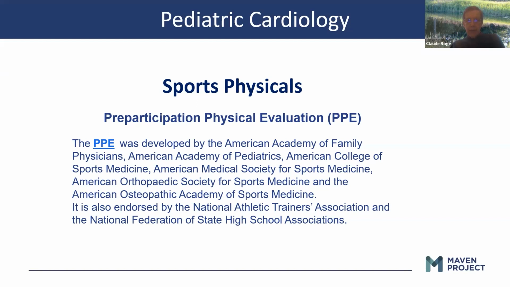So you can see the list here: American Academy of Family Physicians, American Academy of Pediatrics, American College of Sports Medicine, American Medical Society of Sports Medicine, and so on. It goes on. Every organization that has anything to do with sports injuries and health in general was involved in that.